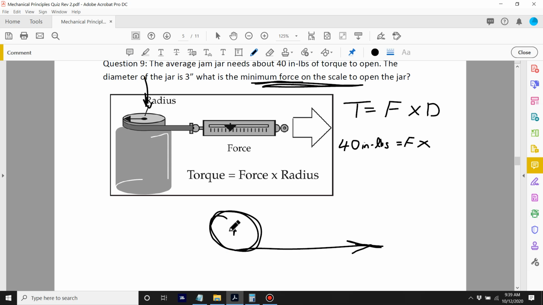The distance from the force to the pivot point is going to be 1.5 inches. So we're going to put down 1.5 inches here.